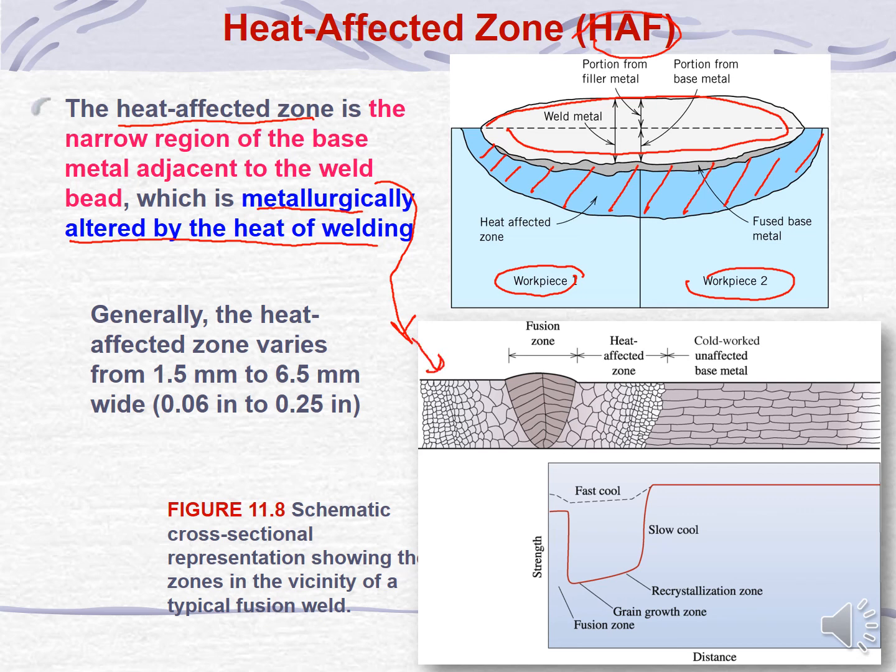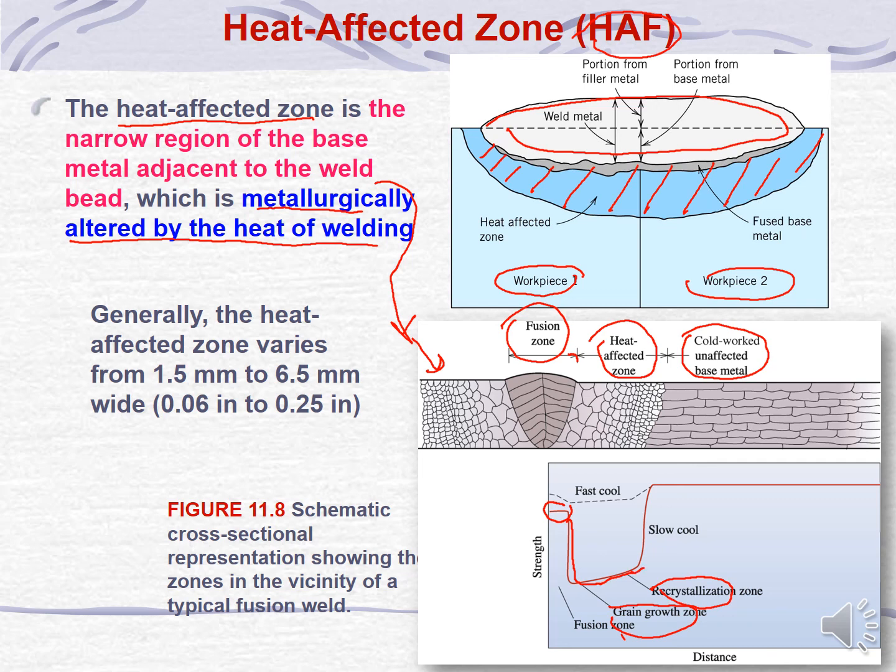So this is the microstructure for the weld bit and also the heat affected zone. This is the fusion zone or weld bit and the heat affected zone. Next to the heat affected zone is the unaffected metal. You can see here at the fusion zone, which is the weld bit, the strength is very high. And then the strength is decreasing due to the grain growth and also the recrystallization process.